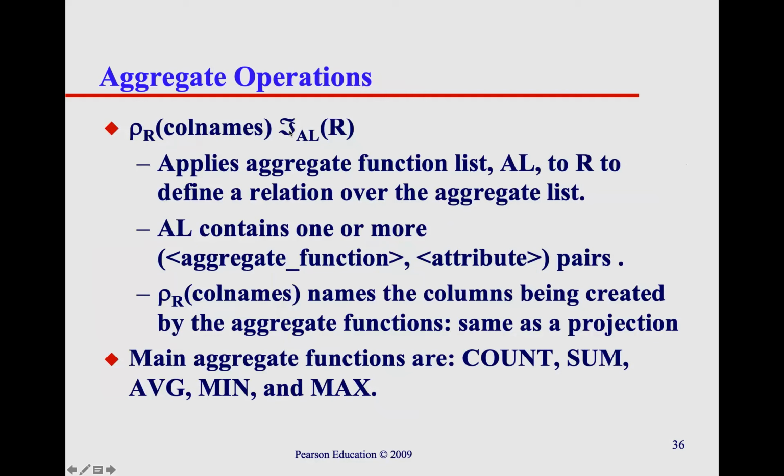This is a tau, looks like a T, Greek letter tau. AL is the function list, and it's being applied to R. And the function list is a comma-separated list of aggregate function, comma, attribute pairs. So the aggregate function attribute is being applied to.